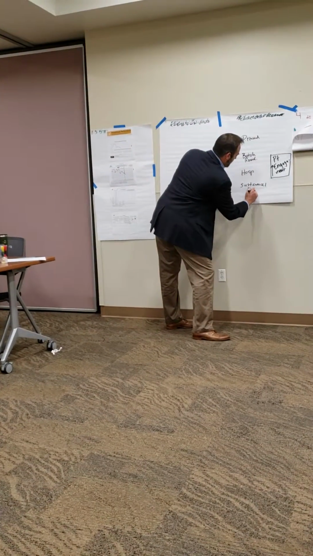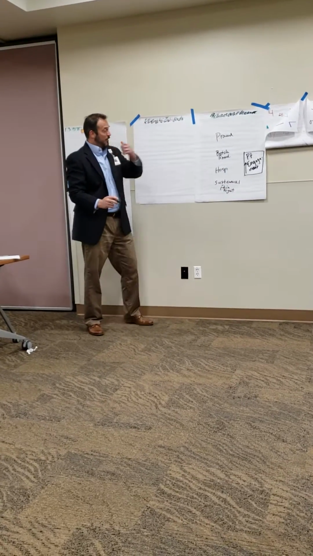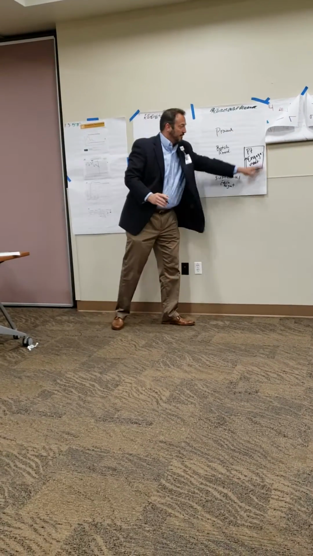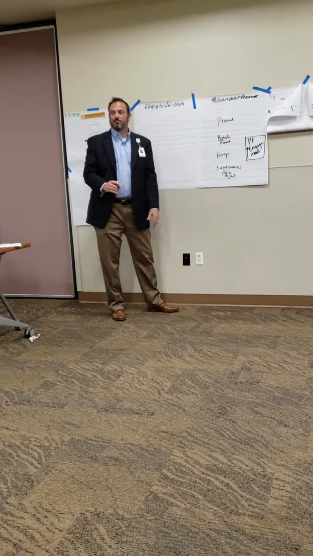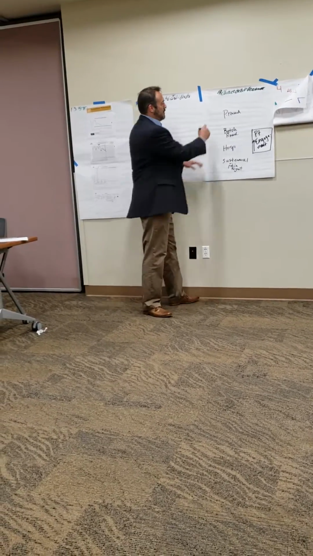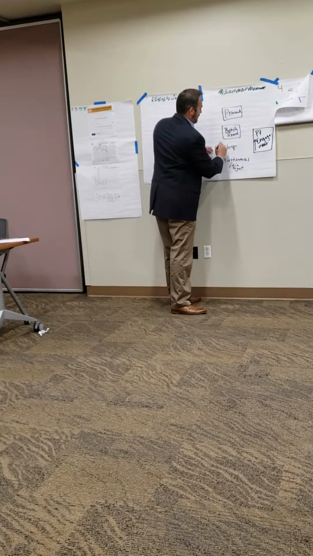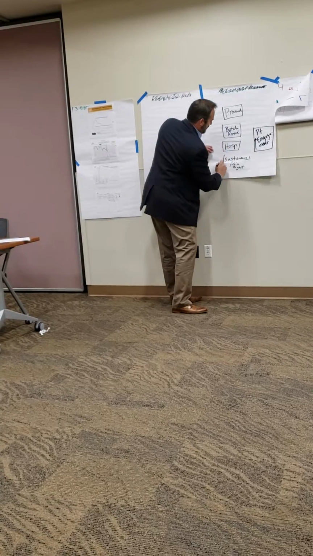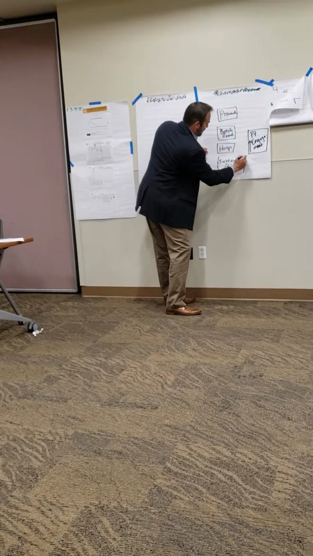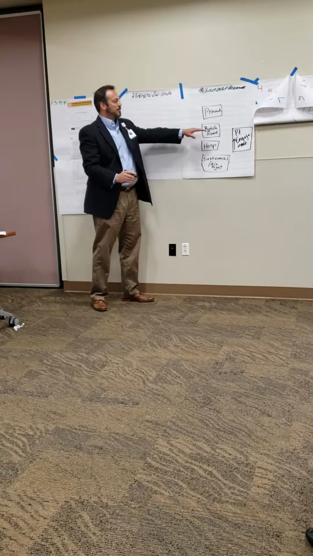So, and excuse my writing. What have we done here? We've identified the outcome. Now we've identified some processes that contribute to the outcome. Okay, and the next thing I'm going to do is put a box around these, because I want to bring focus to these key processes.